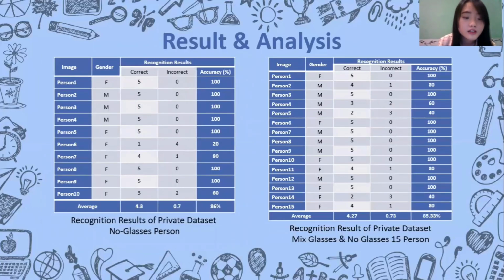and recognition results of the private dataset with no glasses on the left side with 86%, and on the right side the recognition result of the private dataset mixed glasses and no glasses 50%, and the accuracy average is 85.33%.